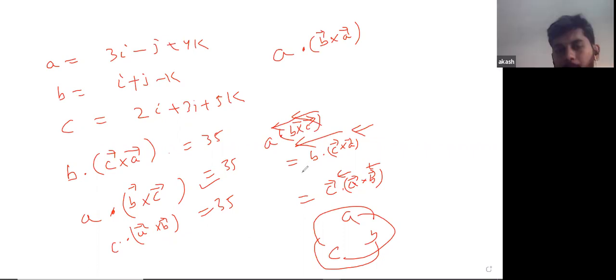Yes, right. So now you can see that if any vector is repeated, no matter where the position of that vector is, then the answer of the scalar triple product will always be 0.